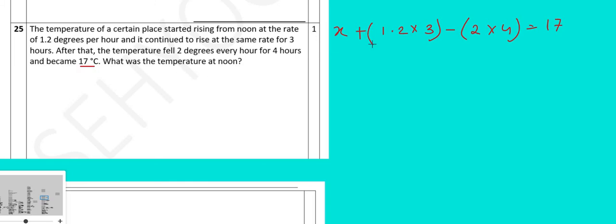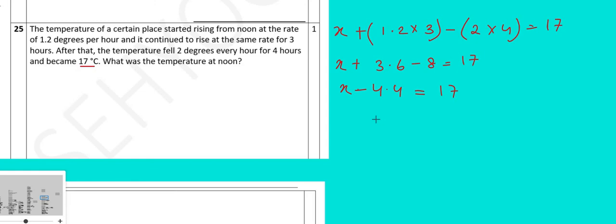So let the temperature at noon be x. That is what we have considered x to be. Now if we solve for x, we will get x plus 3.6 minus 8 is equal to 17. X minus 4.4 is equal to 17.